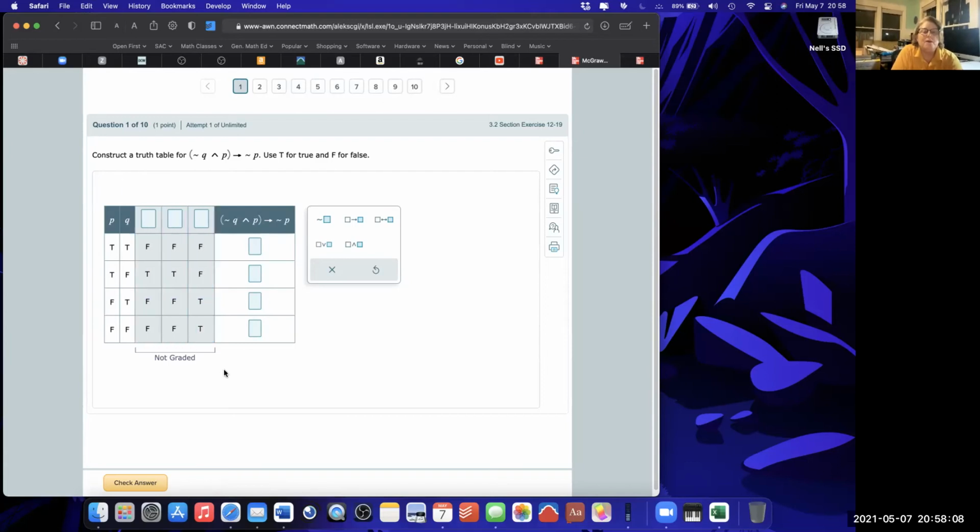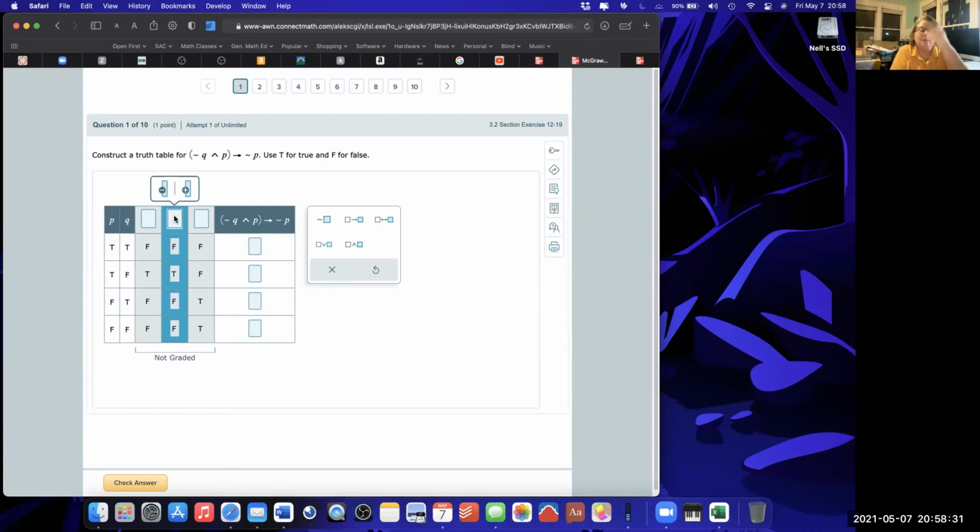Now, let's see, what are we doing? This column that we just filled in is tilde P. Tilde P is what we are going toward. And the assumption column is the fourth column, the tilde Q and P column.